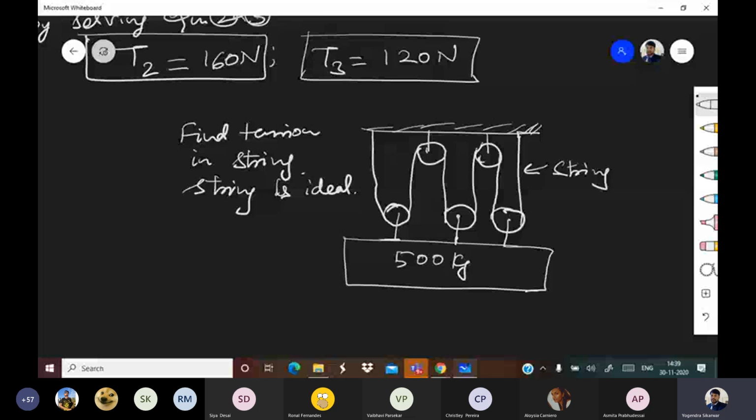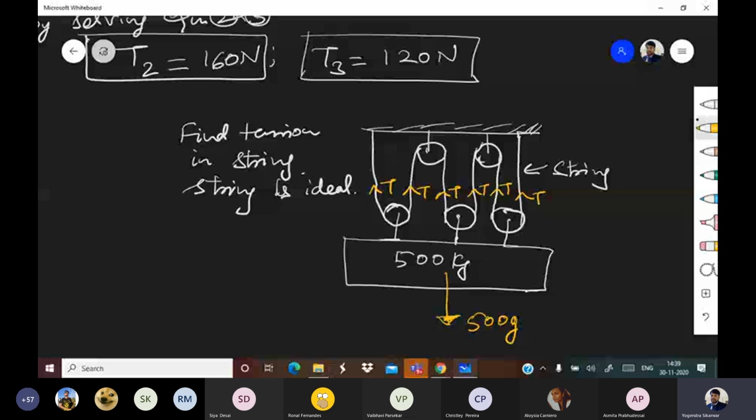Everyone, please pay attention. This was, as I told you, an easy question. 500G will be acting downward and tension here it will be T, T, T, T, T. So these all tensions are acting upward and 500G is acting downward. So how many T are upward? 1, 2, 3, 4, 5, 6.